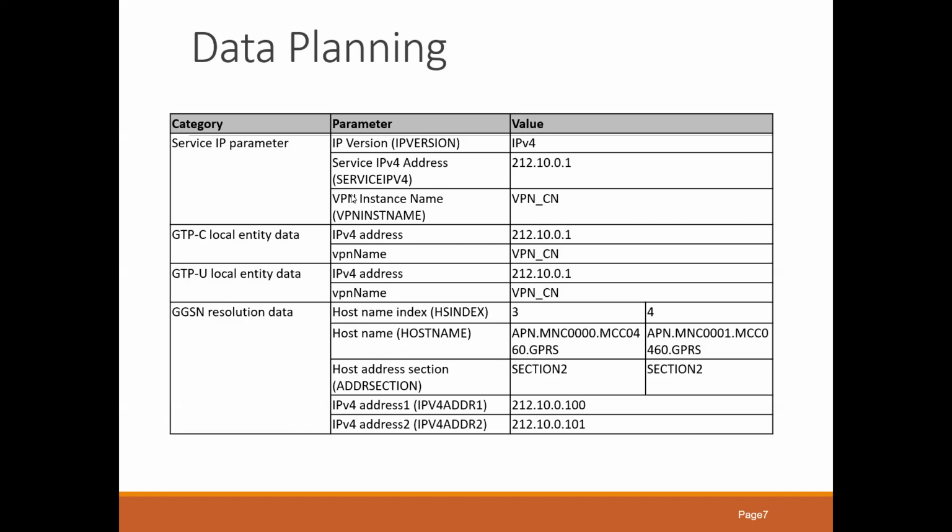So the selection of GGSN from SGSN is based on the APN, and each entry is recognized by the host name index, and each APN will have a specific host section address. It can be section 0, section 1, section 2, and accordingly it will have the IP address of the GGSN specified in it. We're going to look into it a little more deeply in the upcoming slides.